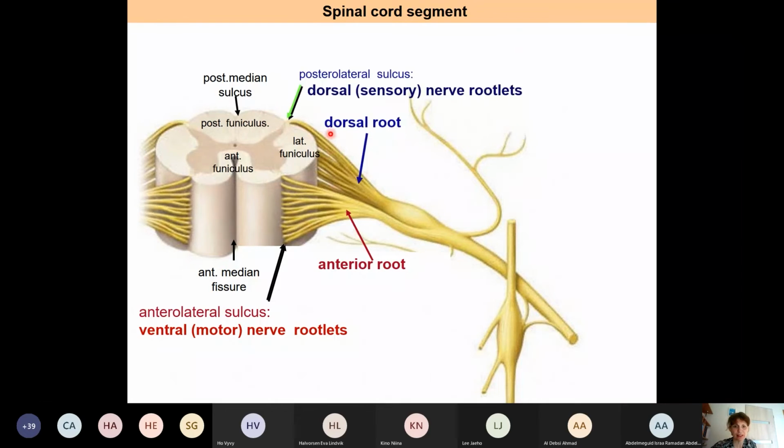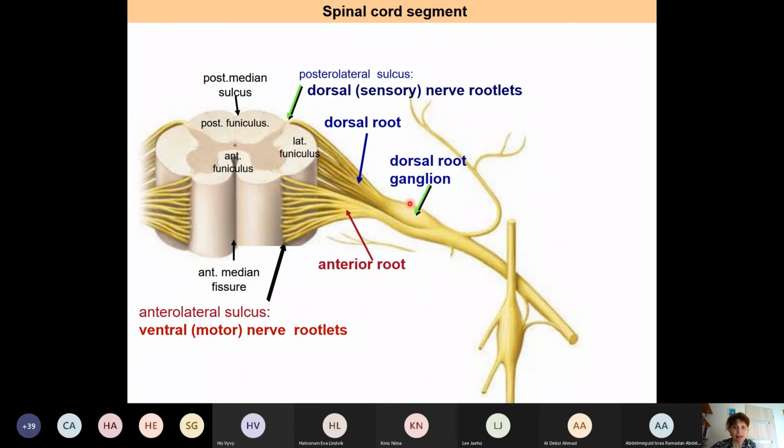And on the dorsal side, we have similarly dorsal root. It is called in the posterolateral sulcus. The rootlets exit, and I should say enter, because here will enter the sensory fibers. So the dorsal root is actually a sensory root.